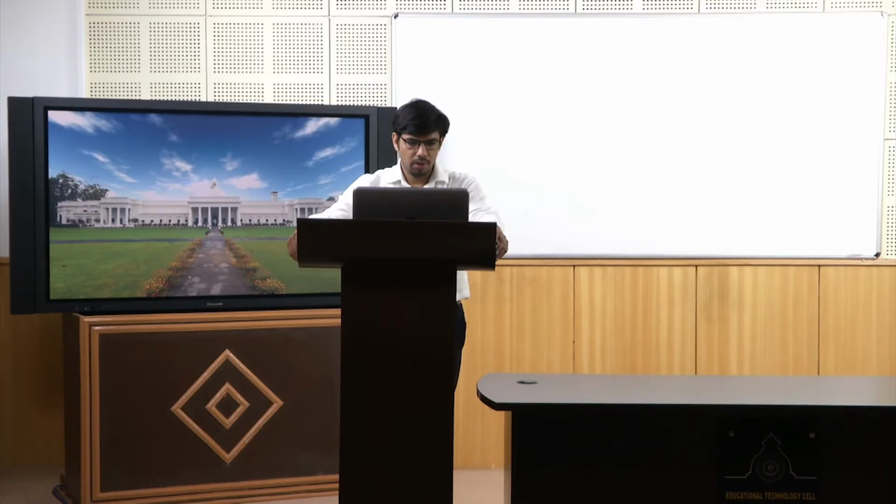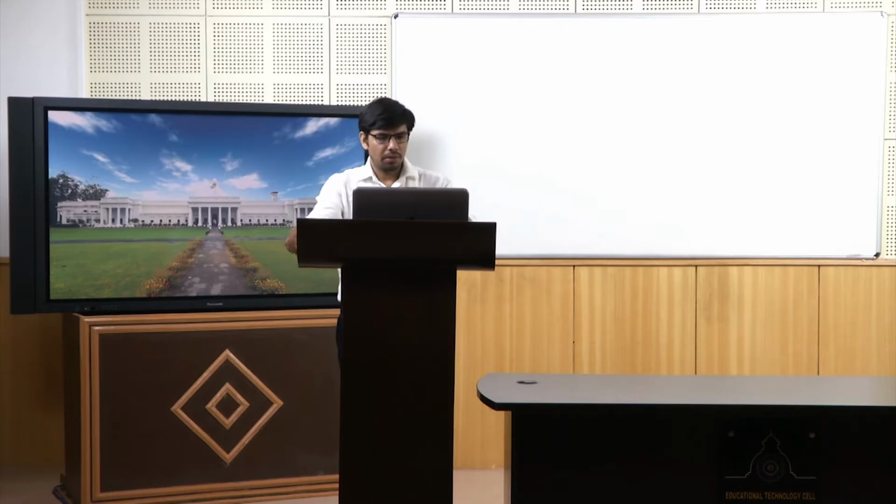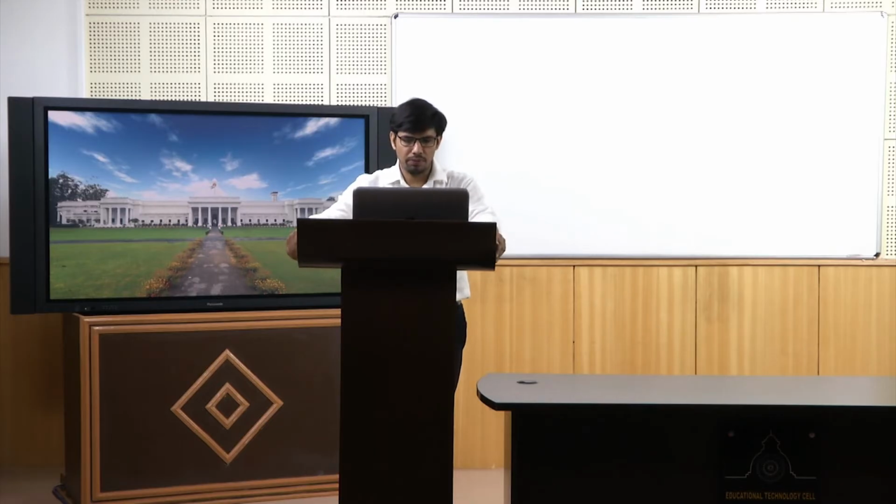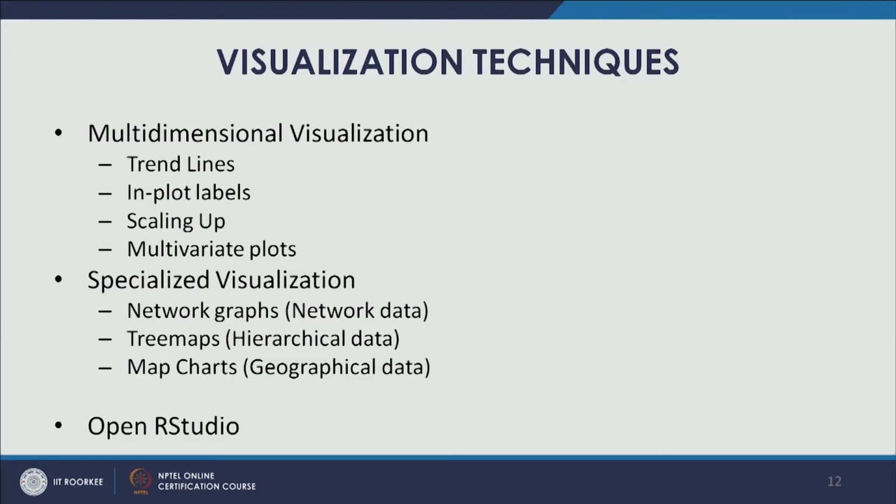In the previous lecture we started an exercise on network graphs, that is, for network data. We will start from there, and then we will cover tree maps, mainly for hierarchical data, and then map charts, for geographical data.